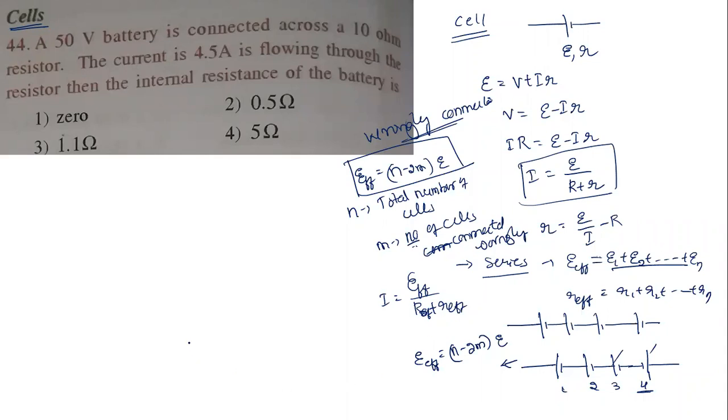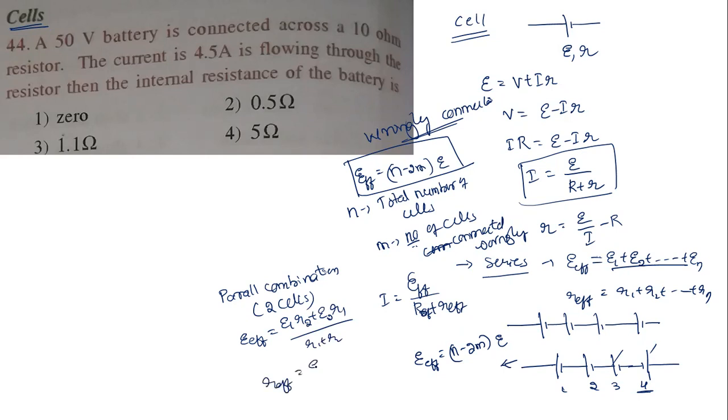In the case of parallel combination for 2 cells, E effective equals (E1 R2 plus E2 R1) by (R1 plus R2), and R effective equals R1 R2 by (R1 plus R2).